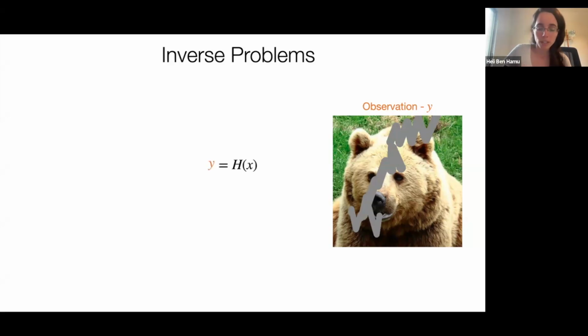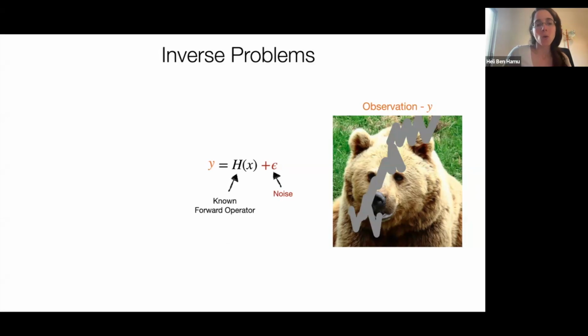And what we assume typically is that we know the forward operator that was applied to our original signal X that created this observation. So in this case, it would be a mask, as shown here. And in some cases, we also assume that there is some additive noise that is added to our observation.